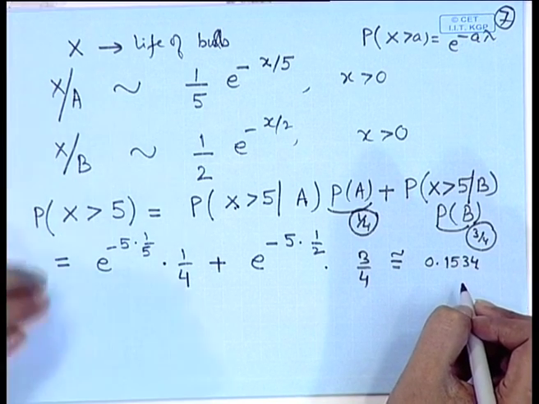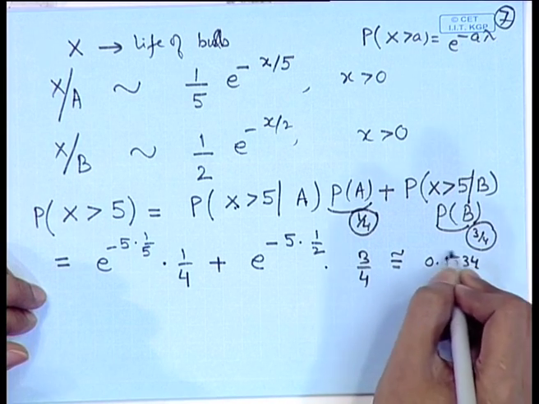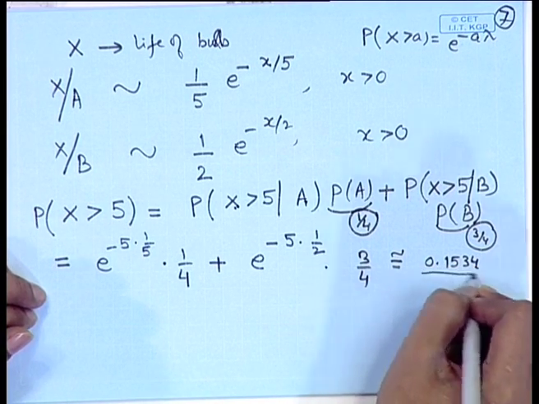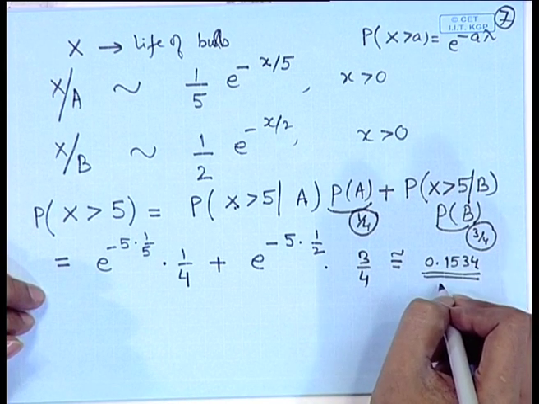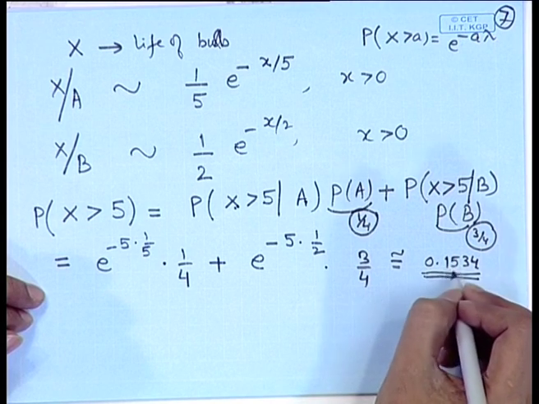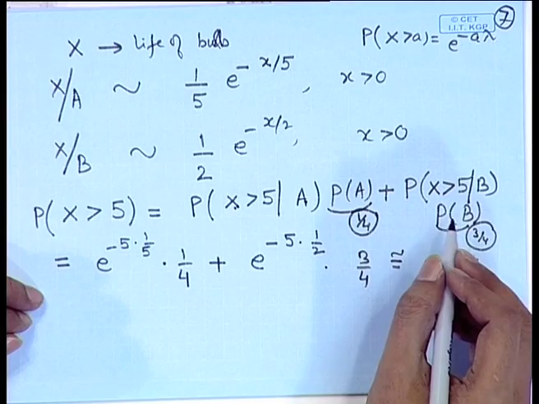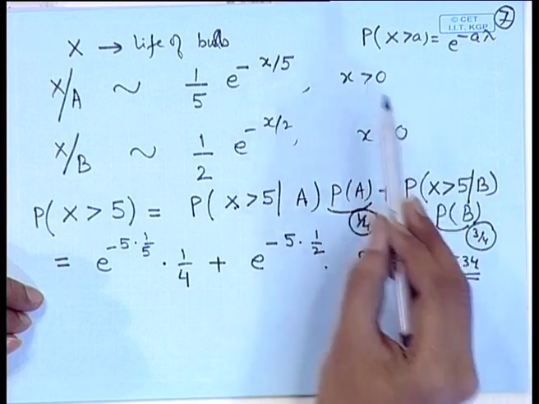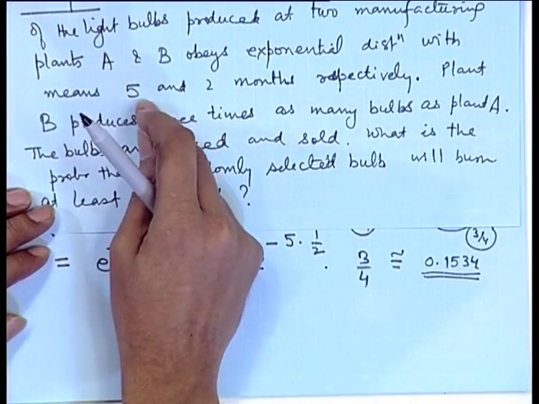So, the probability that a randomly selected bulb is working beyond 5 months is only 0.15 approximately, which may look slightly surprising, because you say that there are 2 plants and from one of the plants it is 2 months and from another plant it is 5 months.